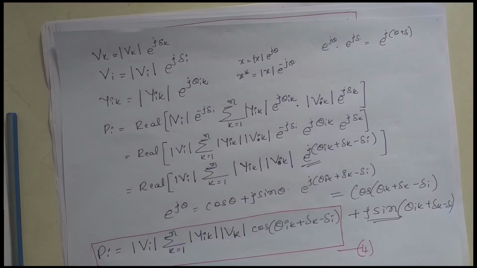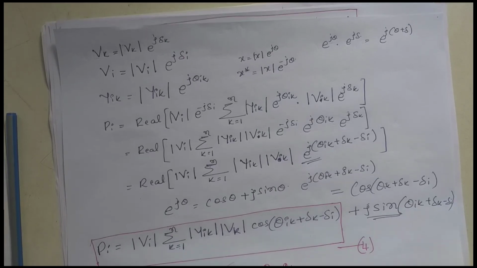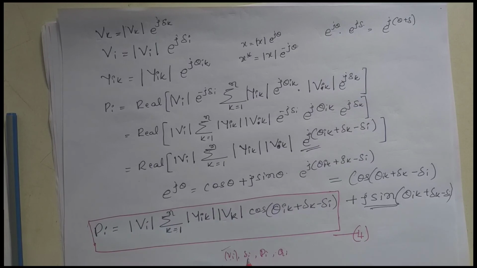Equation 4 and equation 5 are called the power flow equations. There are n real and n reactive power flow equations, giving a total of 2n power flow equations. At each bus we consider 4 variables: the magnitude of Vi, the angle of Vi, and Pi, the real power, and Qi, the reactive power, giving a total of 4n variables for an n bus system.